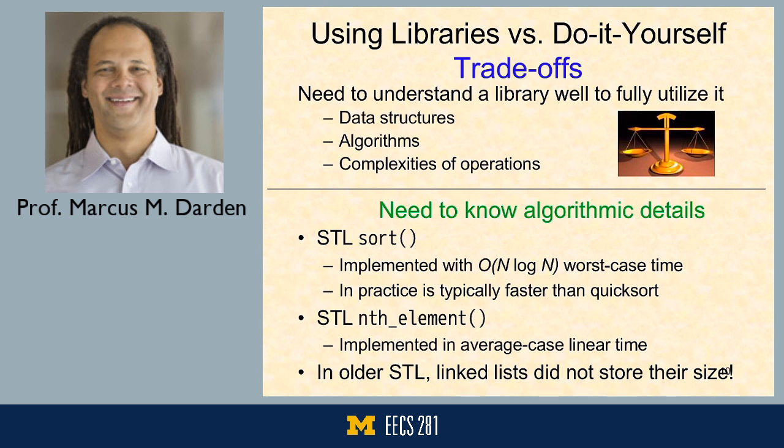I've talked already about needing to understand the library well. You can't use it if you don't know what's there. If you don't know how to use it, it's not going to be any use to you. So you need to look at the data structures. You need to look at the algorithms. You need to understand the complexities of operations. That's what's very nice about the STL is the complexities of operations are a part of the documentation.